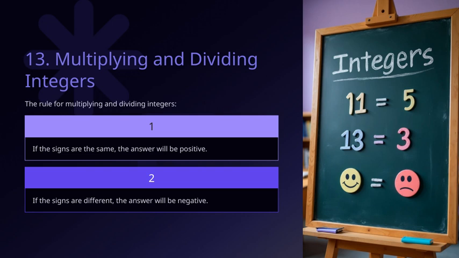On the other hand, if the signs are different, one positive and one negative, the answer will be negative. That's true whether you're multiplying or dividing. This rule helps us quickly determine the sign of the result, which is essential as we work with integers in more complex problems. Remember, understanding this pattern is a big part of mastering integer operations.